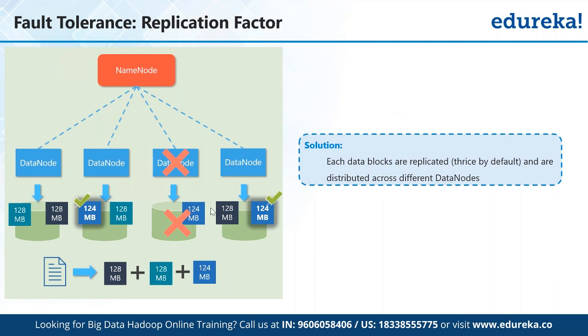Each one of those blocks will get replicated thrice. So if my replication factor is 3, how many data nodes will my single block be available on? Every single block will be available on 3 different nodes.